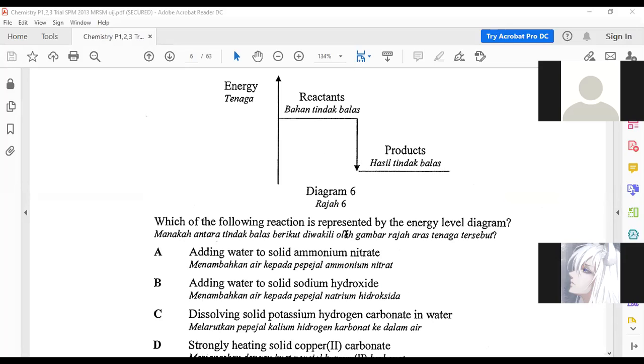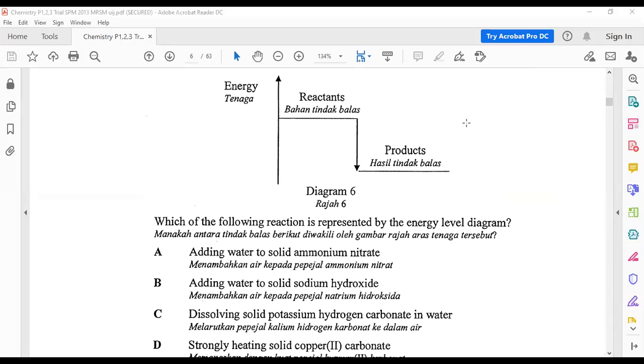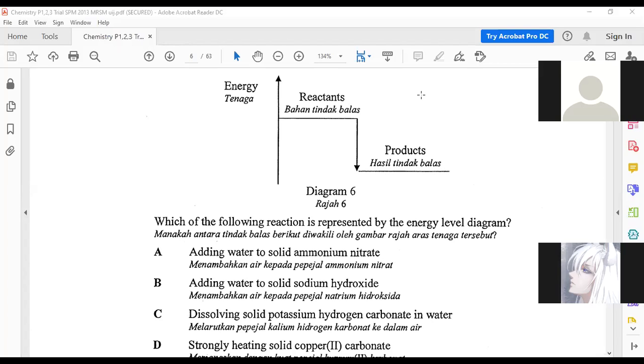Xiaoyuan, why is this exothermic reaction? Who can help her?